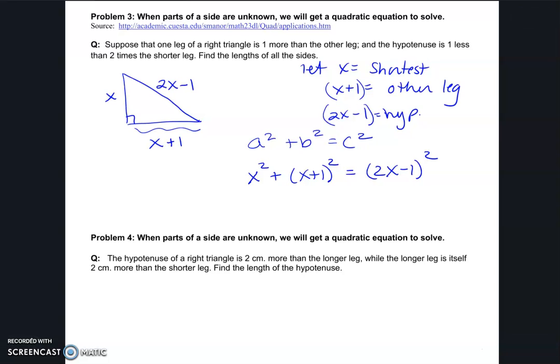What you have to do here is a little messy with the math: you have to expand everything out and then simplify. So you're going to have x squared plus, then multiply this out, x squared plus 2x in the middle, because I multiply each term and then double it because it's a square, and then plus 1 times 1. On this one, I square the first, so I get 4x squared.